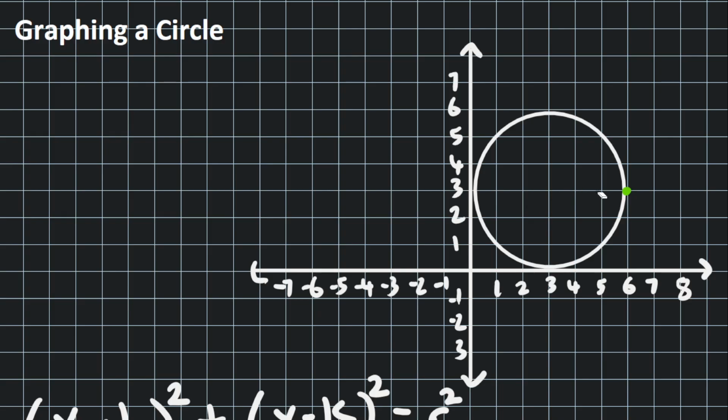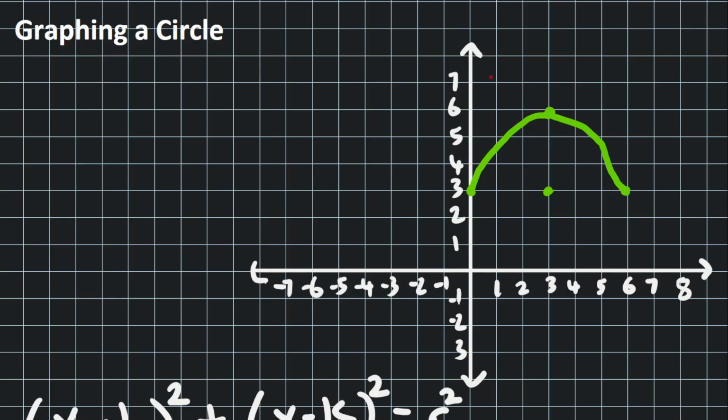So if this circle were actually a semicircle, let me try my best to draw one. So maybe right here, here, here, here. So if I tried my best to draw a semicircle right here. Okay, so this is a semicircle.